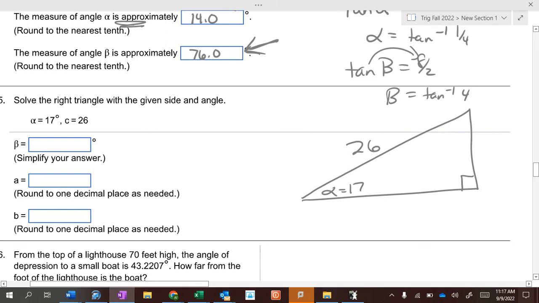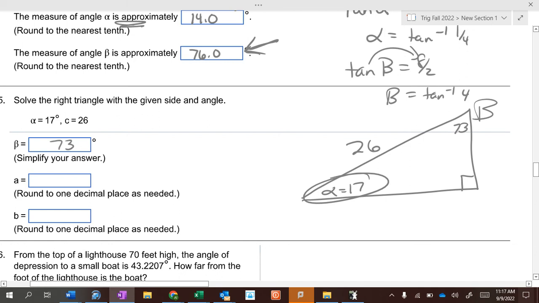Chirp, chirp, chirp. You can hear the crickets chirping because you don't use a trig function. The triangle adds up to 180, right? If you have 90 of it here, the other two angles share 90 degrees. So if this is 17, how big is angle beta? 73 degrees.